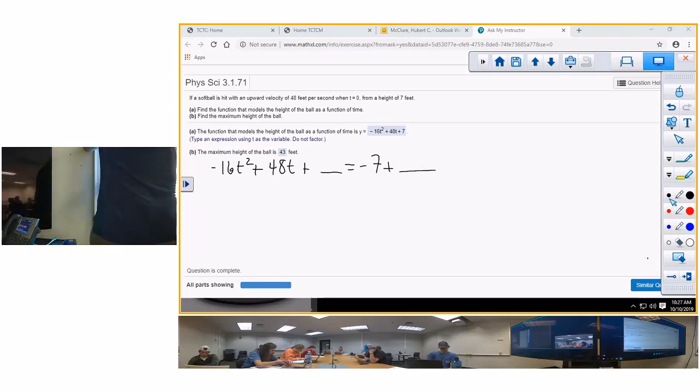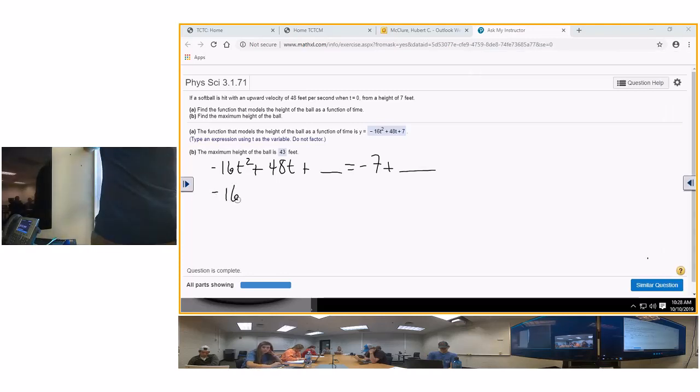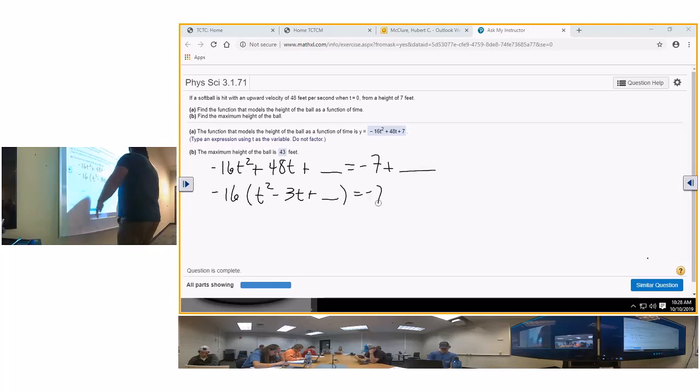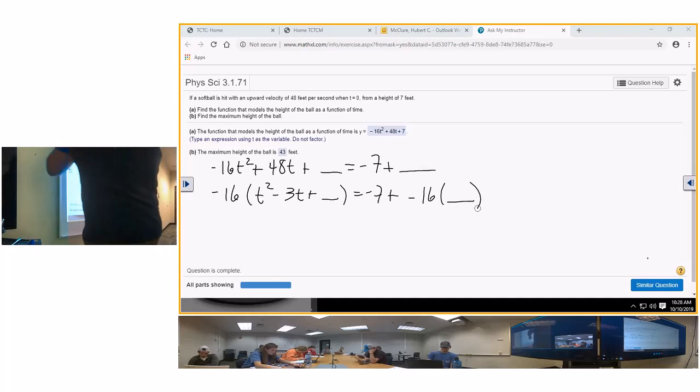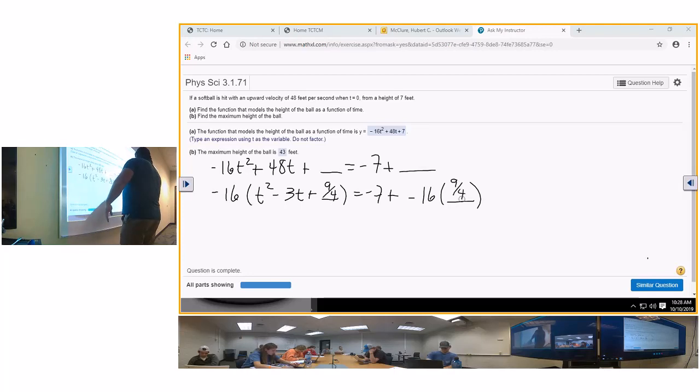All right, negative 16, and that's going to be what? T squared minus what? 3t plus blank is equal to negative 7 plus negative 16 times blank. Half of 3 is 3 halves. 3 halves squared is 9 what? Fourths. And that 16 and that 4 will cancel and make this a what? A 4 or 9? 4. Yeah, 4. Thank you.